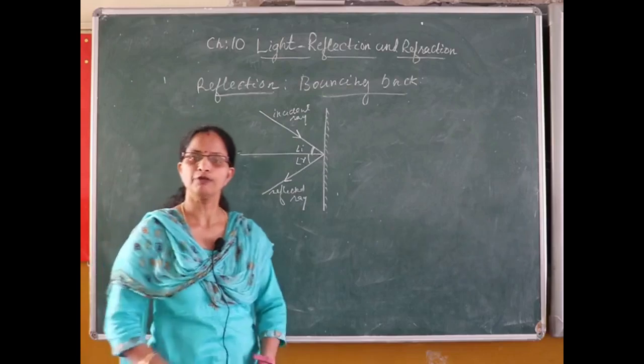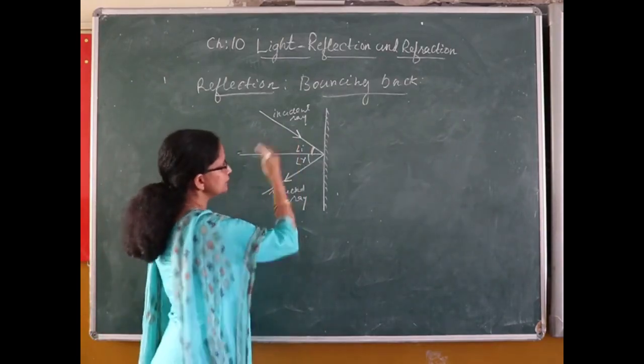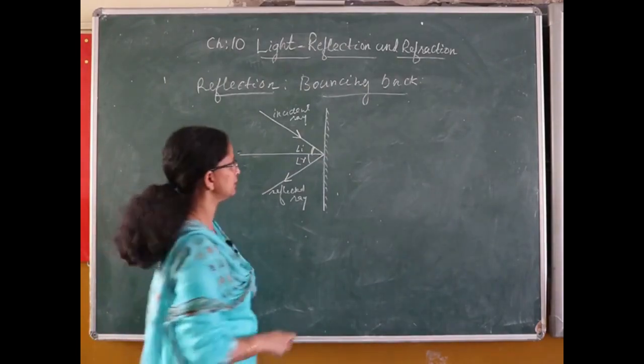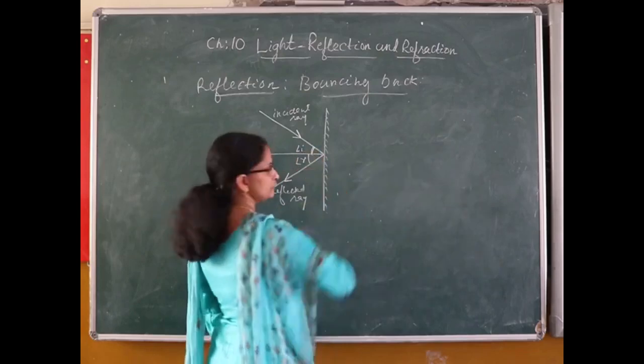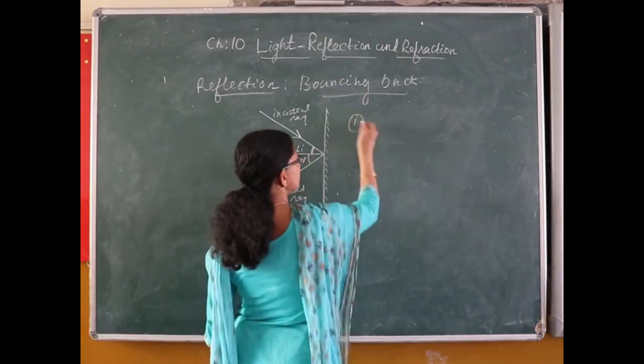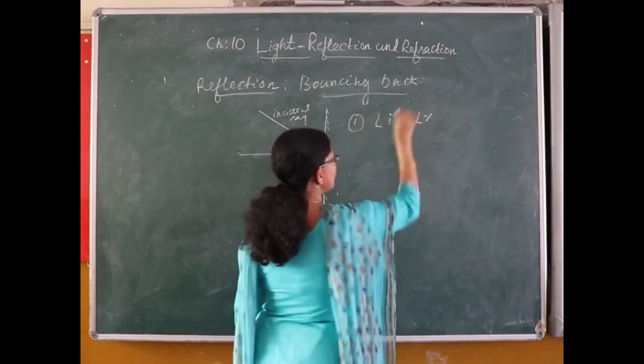Now the laws of reflection say that the angle of incidence will always be equal to the angle of reflection. That is the first law. The first law states that the angle of incidence is always equal to the angle of reflection.